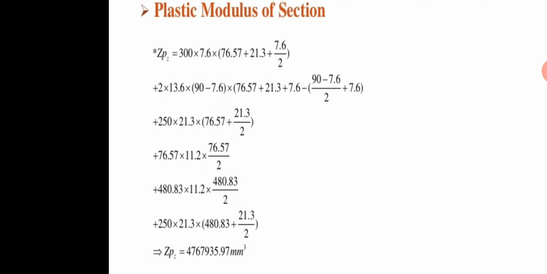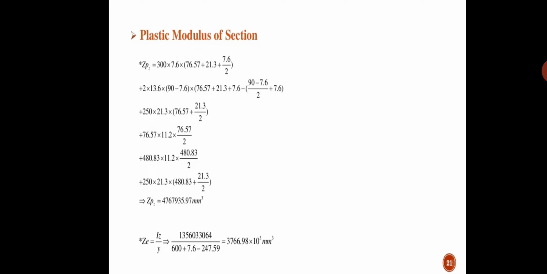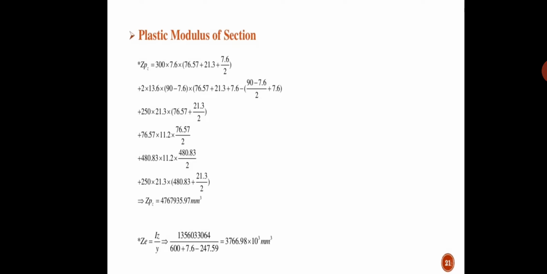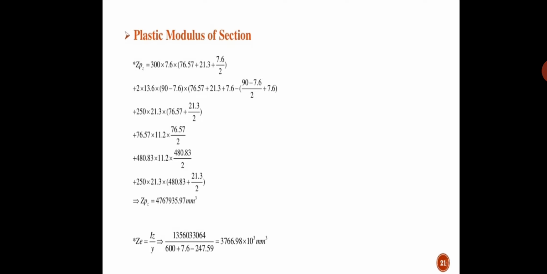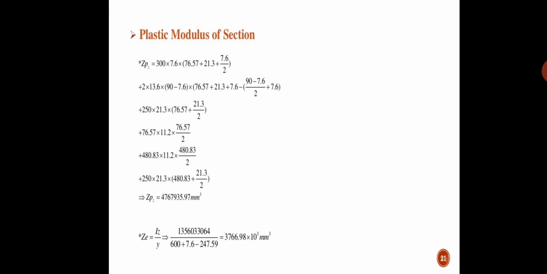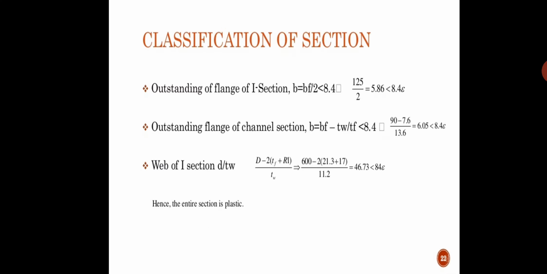So ZE we already calculated as IZ upon Y. So IZ we know, Y we know. So ZE is 3766.98 into 10 raised to 3 mm cube. So in this step we find out ZPZ and ZE, it means section modulus for plastic and section modulus for elastic.